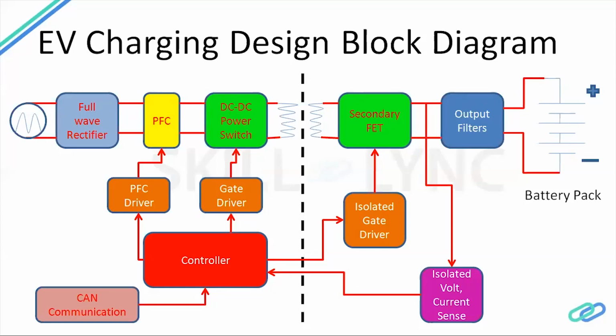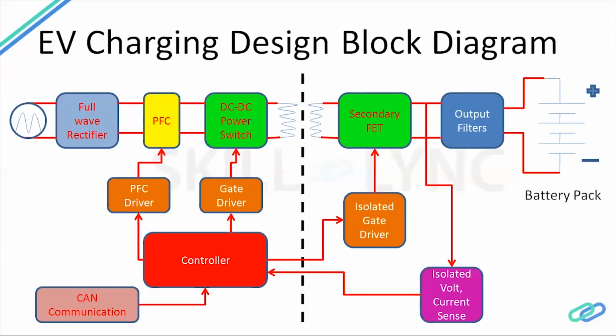Now, after this, this DC-DC section will convert the higher voltage, because at the input there would be around 270 volts, or if a boost converter is used with the PFC, then generally the PFC output is around 390 volts to 400 volts. Fine.